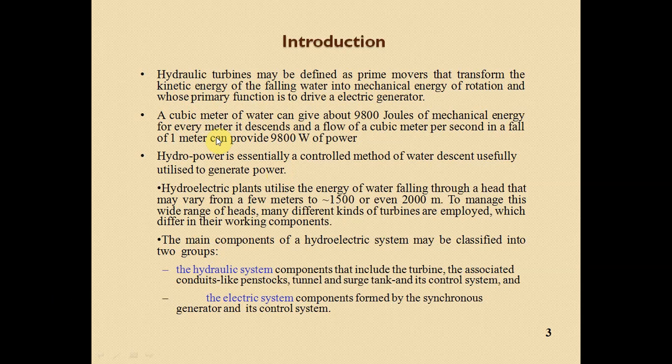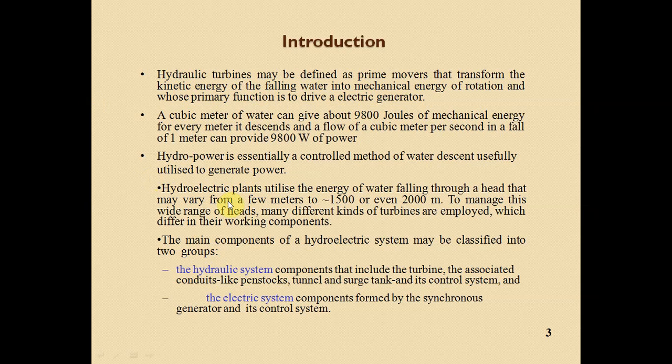A cubic meter of water can give about 9,800 joules of mechanical energy for every meter it descends, and a flow of a cubic meter per second in a fall of 1 meter can provide 9,800 watts of power. So hydropower is essentially a controlled method of water descent and useful utilization to generate power.